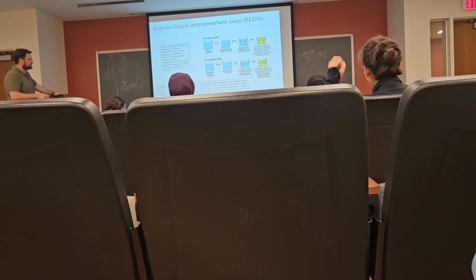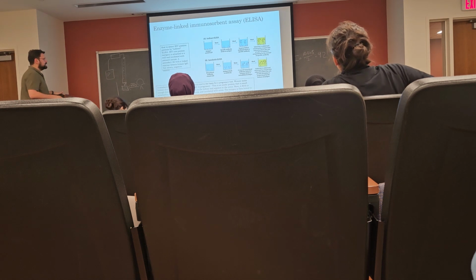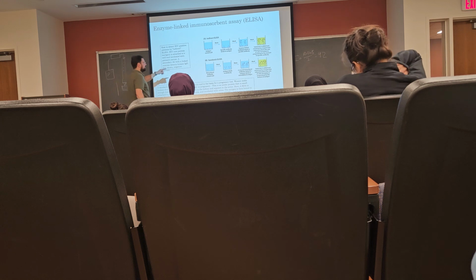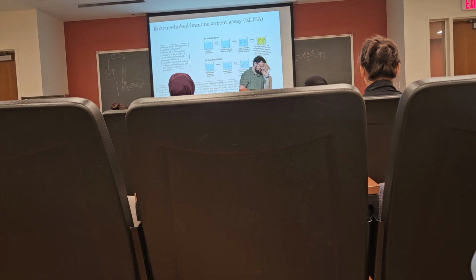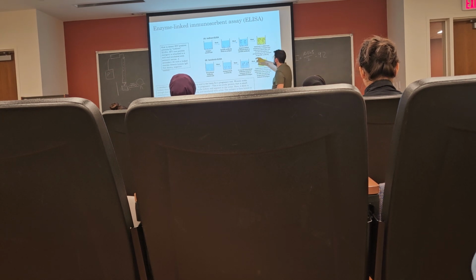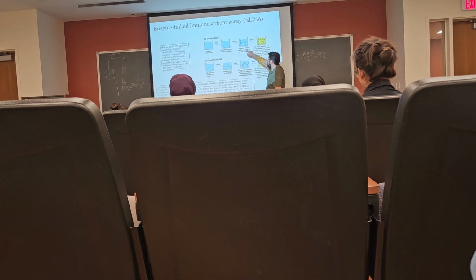Then we get rid of everything else, we wash it. We add a secondary antibody, which is going to recognize the primary antibody, and this secondary antibody has some reporter enzyme on it, right? It could be something that changes color or that catalyzes some reaction. In this case, it catalyzes a reaction that turns the solvent yellow, right?